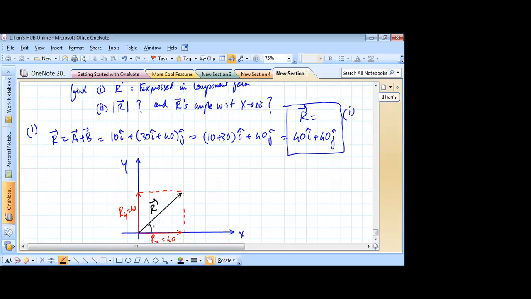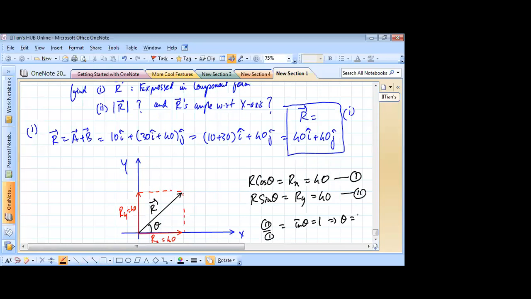Such that if this angle is theta, R cos theta is Rx, which is 40, and R sin theta is Ry, which is 40. So these are two equations. Now if you just divide the two, you will get tan theta is equal to 1. That is showing theta is equal to 45 degrees.